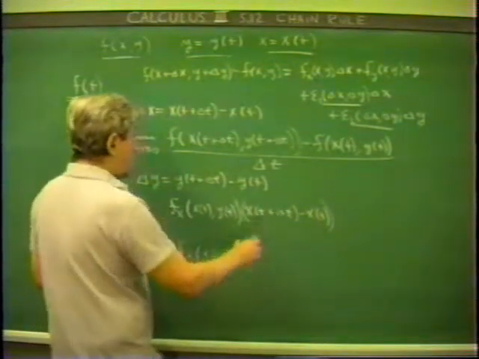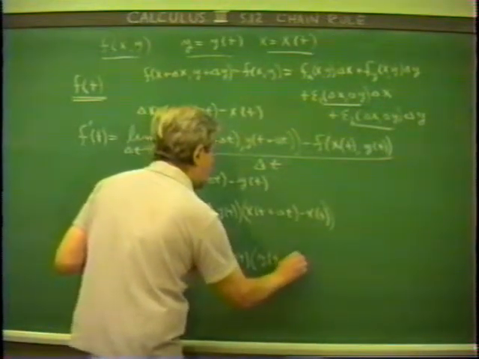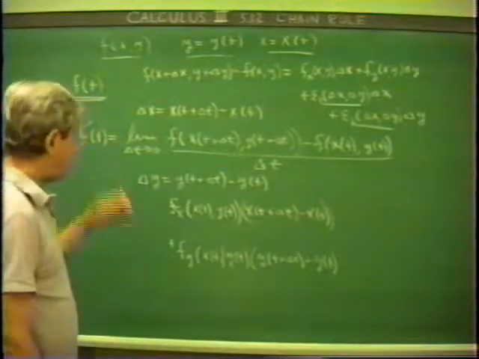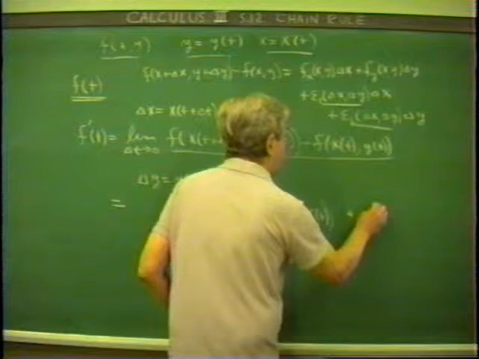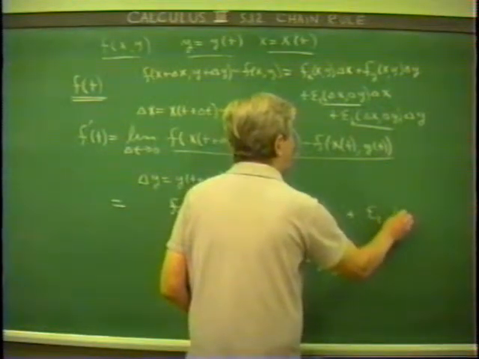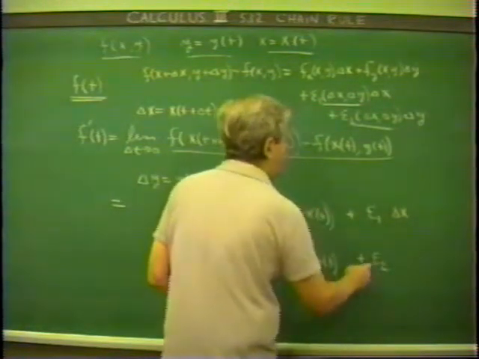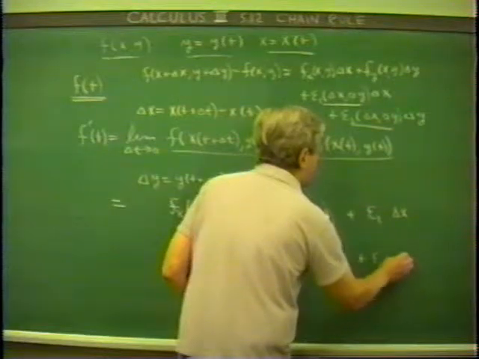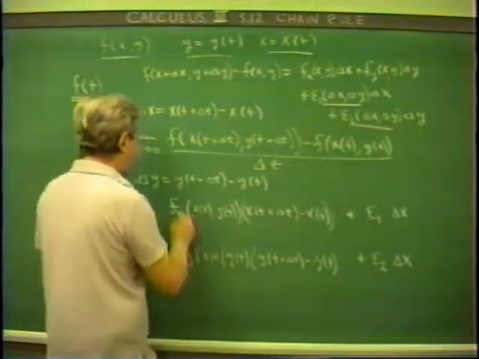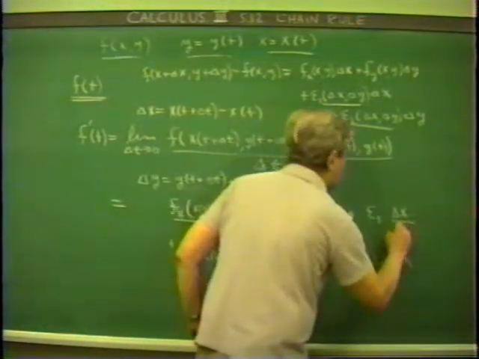Plus the partial with respect to y at x of t, y of t, times y of t plus delta t minus y of t, plus, in this first case here, we have epsilon 1 times delta x, and in the second case, we've also got plus epsilon 2 times delta y.